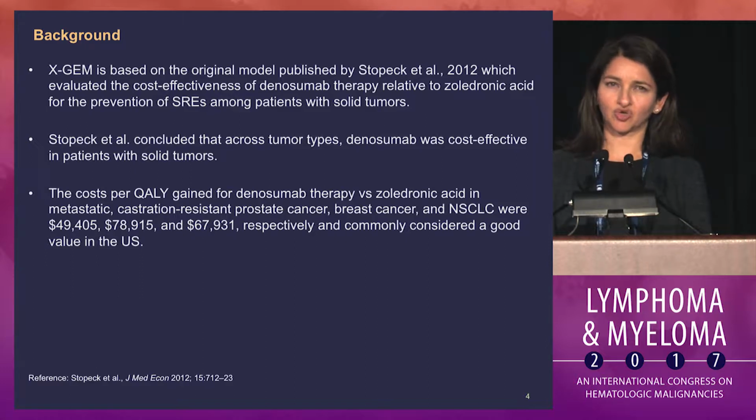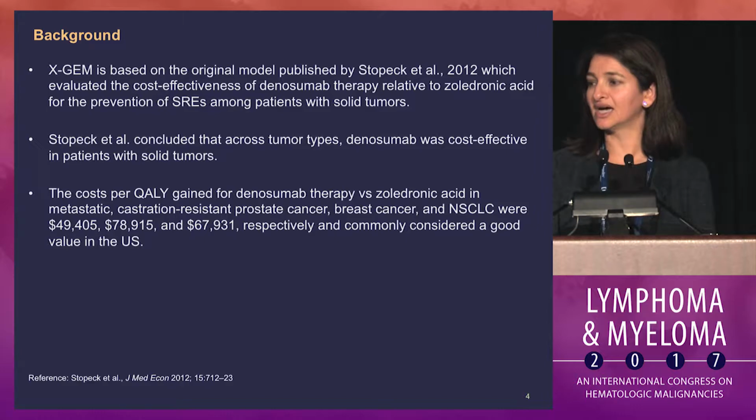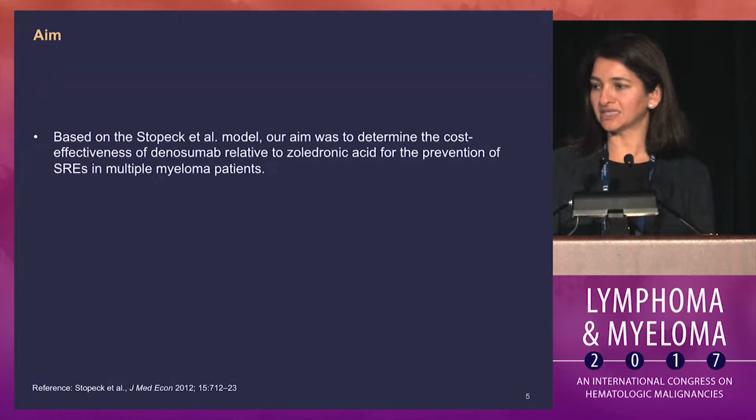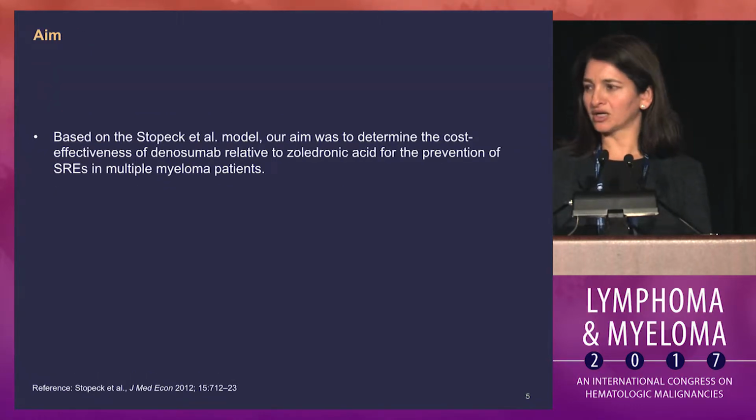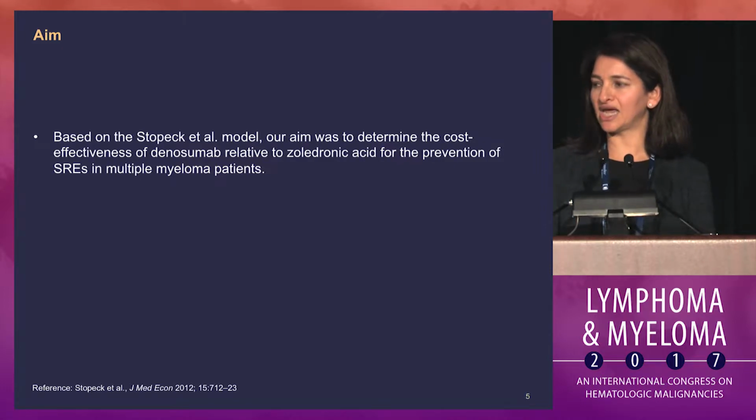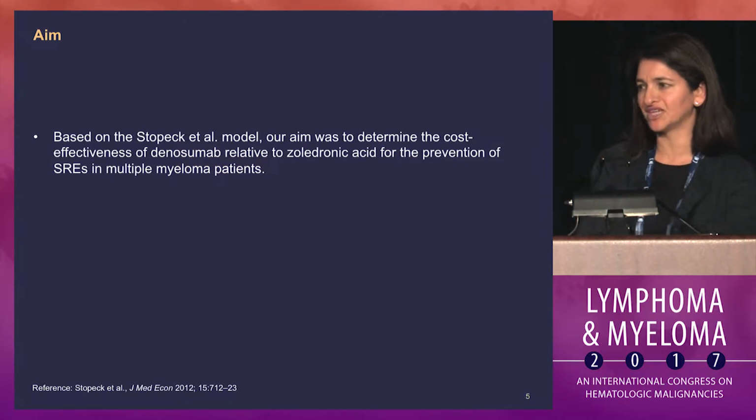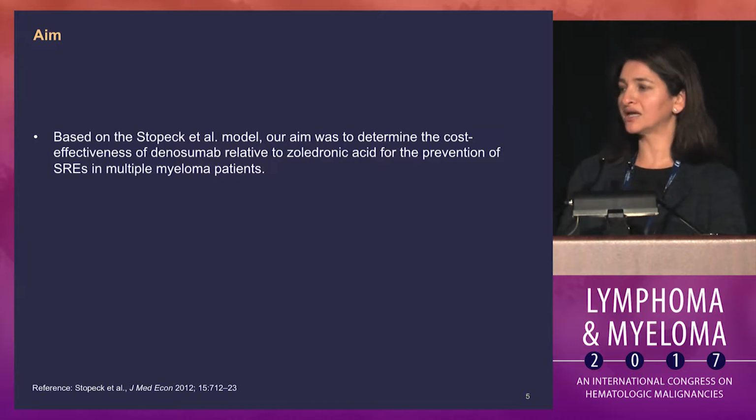The study that Dr. Stopak did was in solid tumors, so breast cancer, prostate cancer, as well as non-small cell lung cancer, and her data did show that the Denosumab was in fact cost effective when compared to zoledronic acid with respect to SREs. So based on this Stopak model, in this study our aim was to determine the cost effectiveness of Denosumab relative to zoledronic acid for the prevention of SREs in myeloma patients.